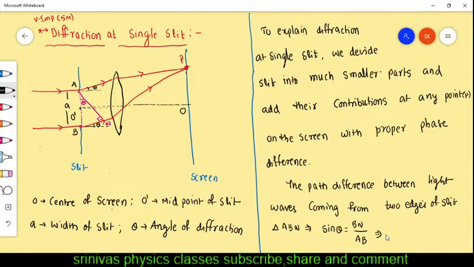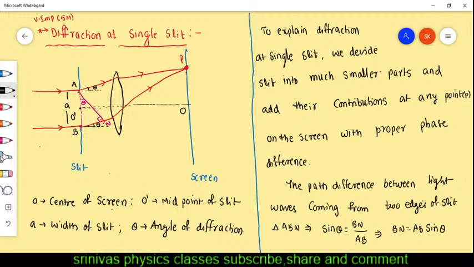BN is equal to AB sin theta. BN is equal to AB sin theta we will get.